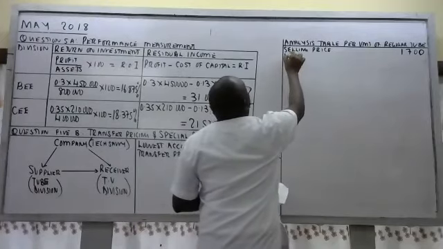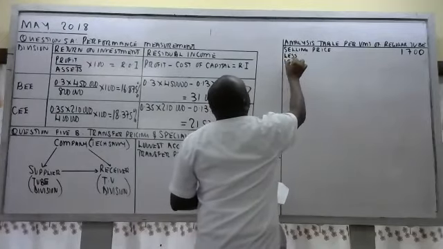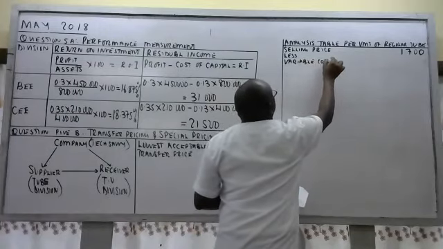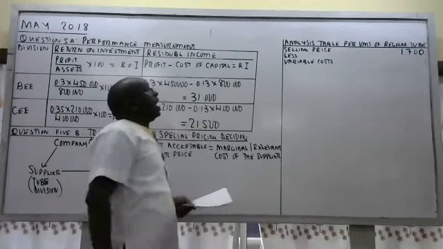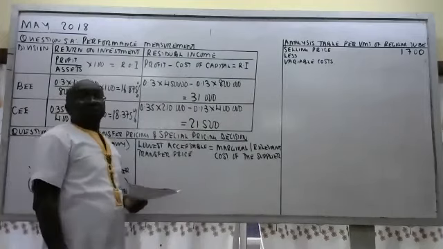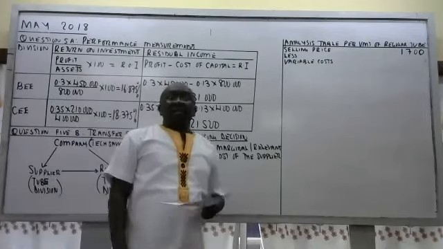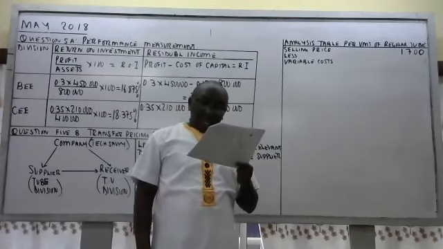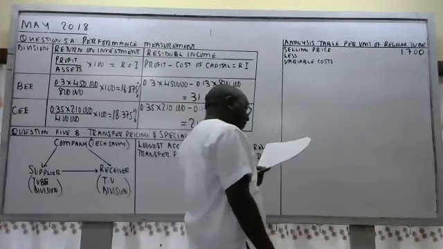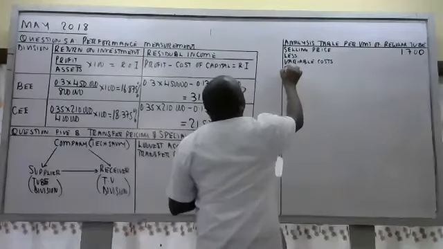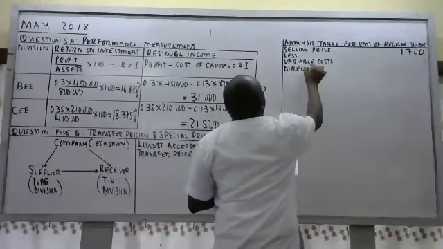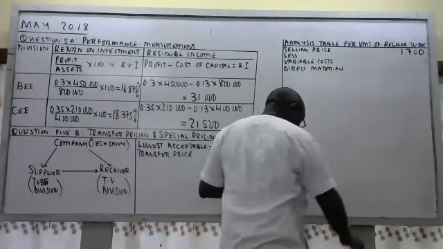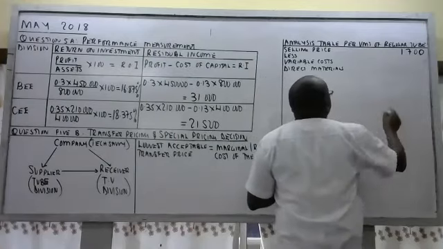Then you say less variable costs. If you look at the cost of goods sold that has been broken down, the first variable cost is direct materials, which is 380.